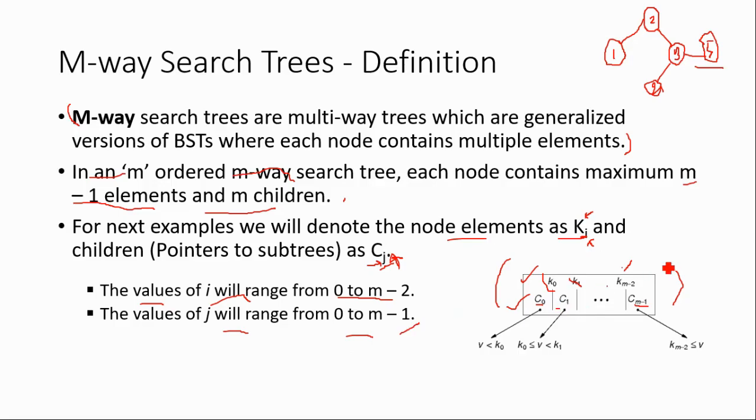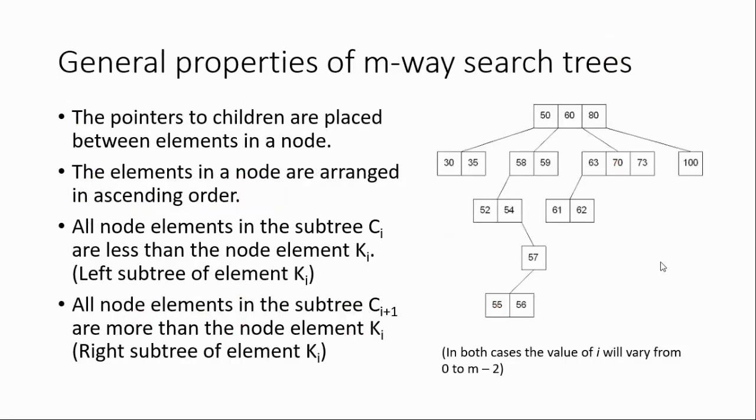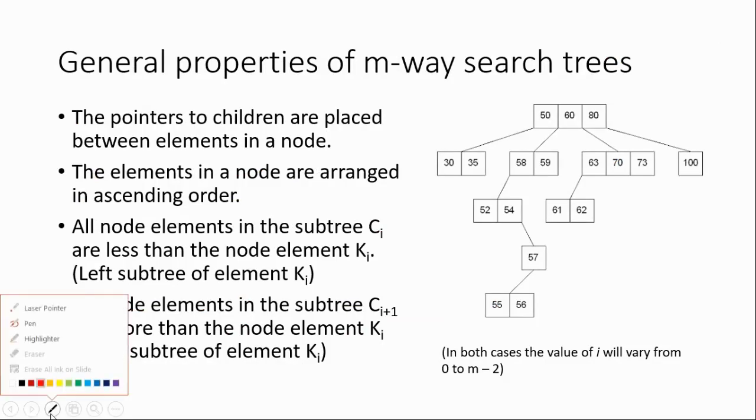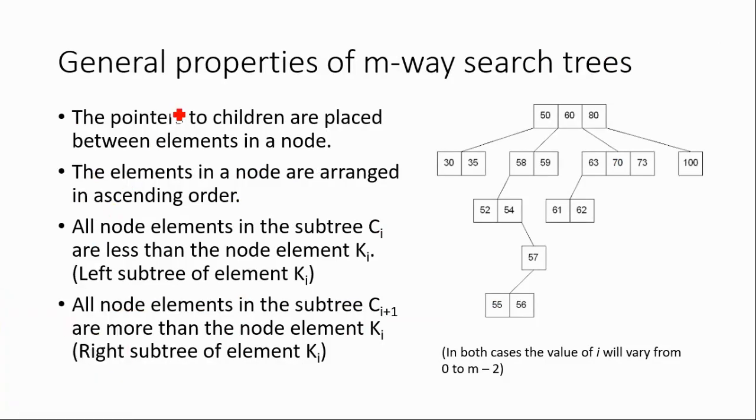Now let's come to properties. So what are the properties of M-way search trees? The first property is that the pointers to children are placed between elements in a node.